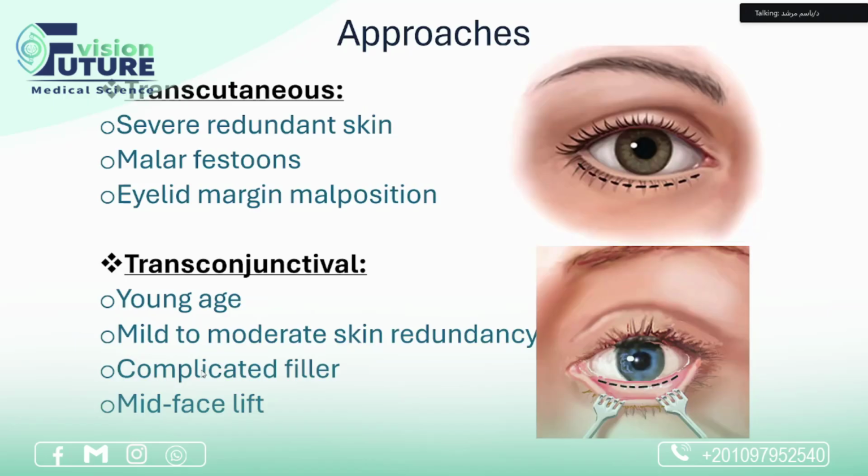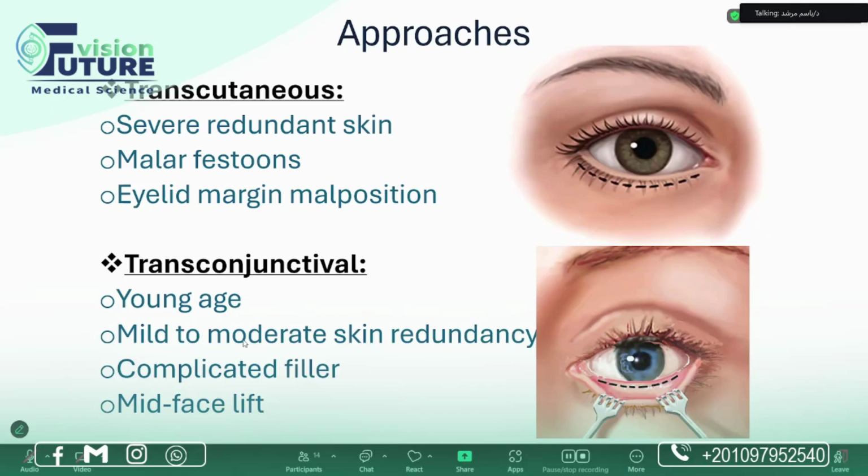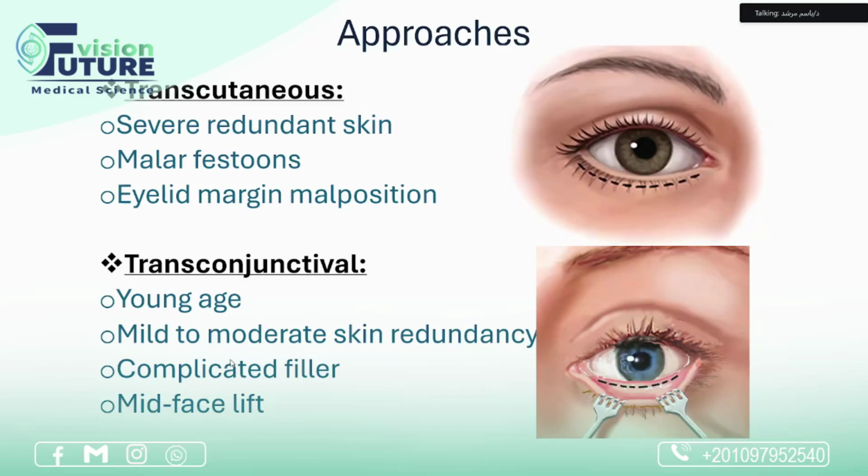As for the transconjunctival approach, it is almost 85% of my practice now. It's very useful in young age. It's very useful in cases that do have mild to moderate skin redundancy, where you can later on do other procedures to improve the texture and the integrity of the skin, like laser tightening sessions, like different kinds of injections that can work on improving the tone of the skin.